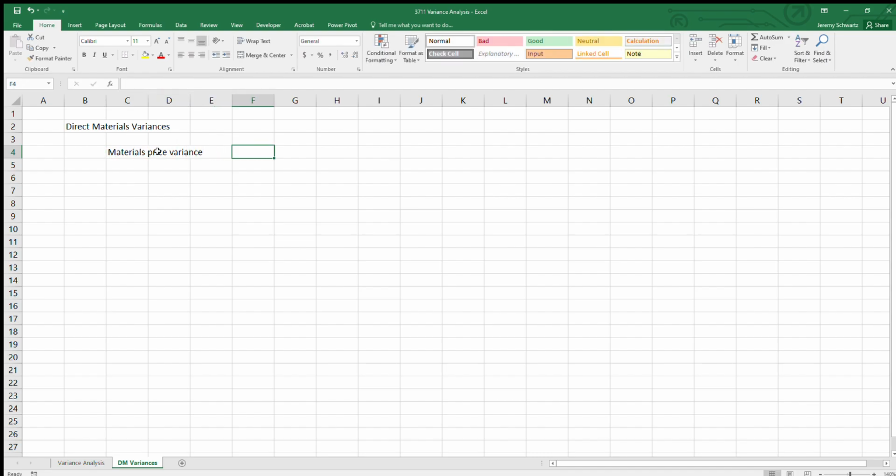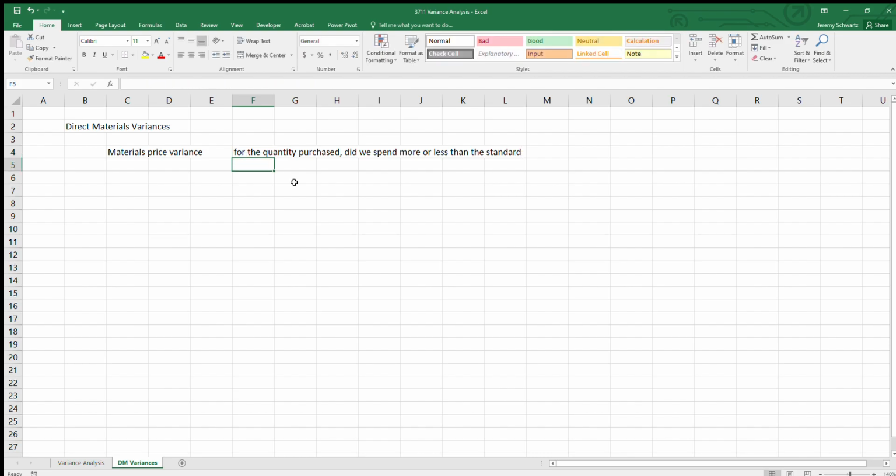And so here, what we'd be dealing with is the amount purchased, let's say the quantity purchased: did we spend more or less than we should have, than the standard?